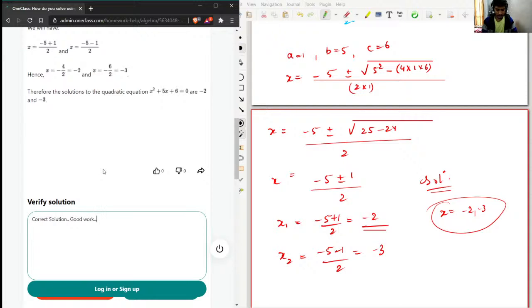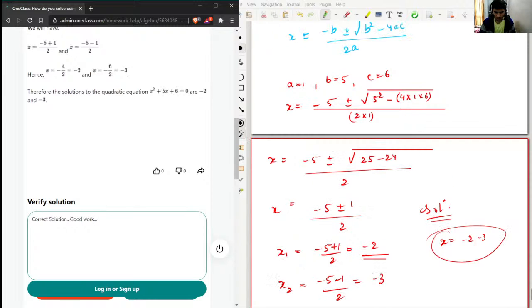Good work. So basically in this way we find the solution of a quadratic equation.